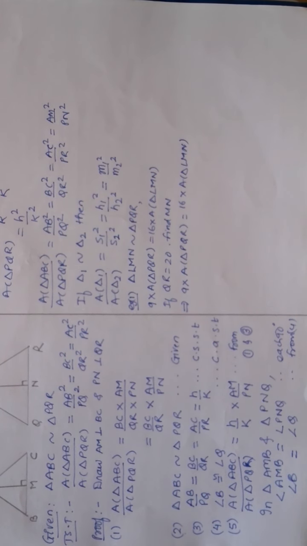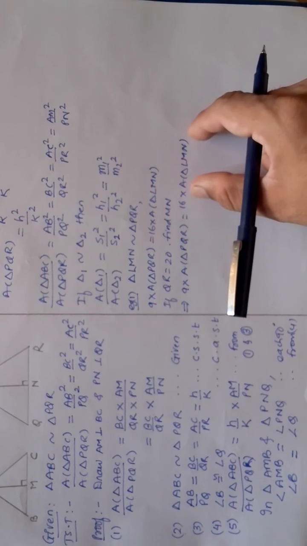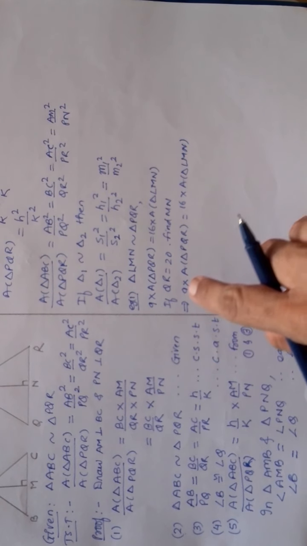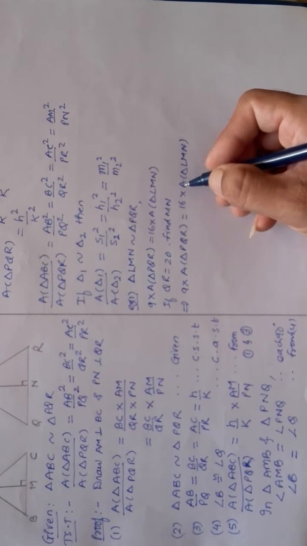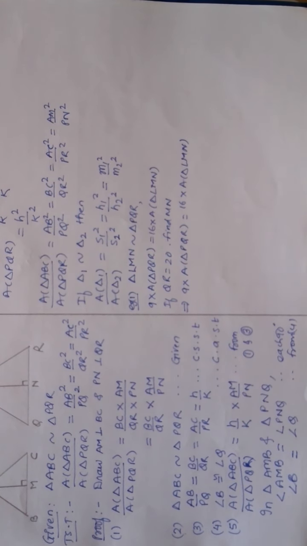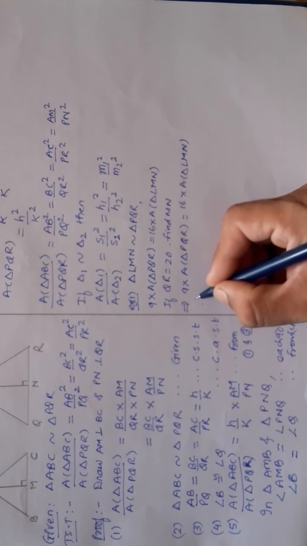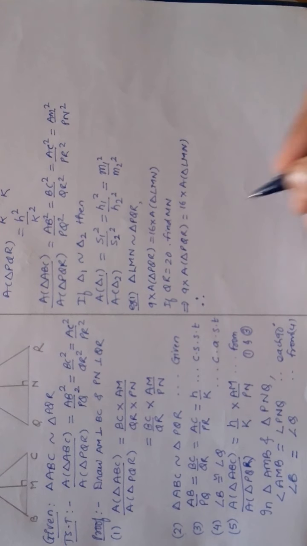Now it does not look good because a number is multiplied with the area of a triangle. So what if I take the areas of the triangles to the same side? That is, I am bringing this area of triangle to the left side and shifting 9 from here, breaking the bond of multiplication between them. So once I break them, it will become division. I told you there is no such thing in mathematics as breaking and shifting, but it is easily understandable, that is why we are doing it.